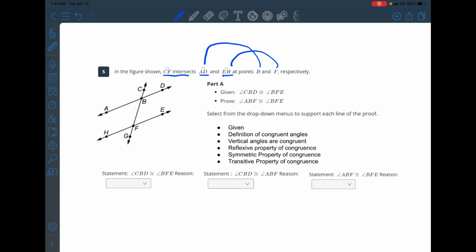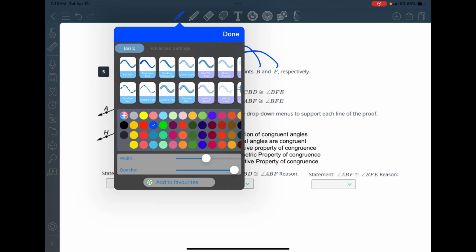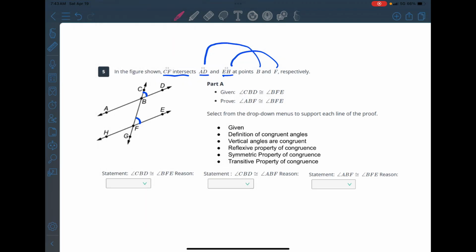That's what respectively means. Okay, so it says, given that CBD, this angle, is congruent to BFE, this angle, prove that ABF is congruent to BFE.